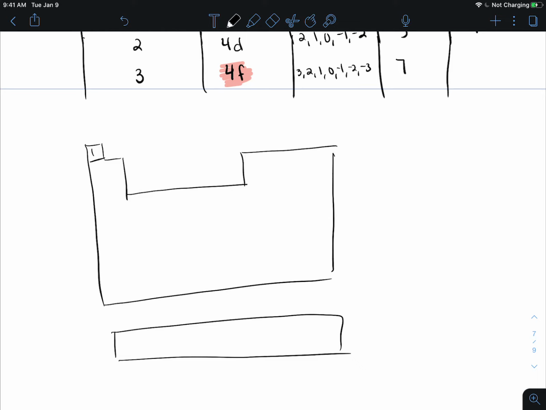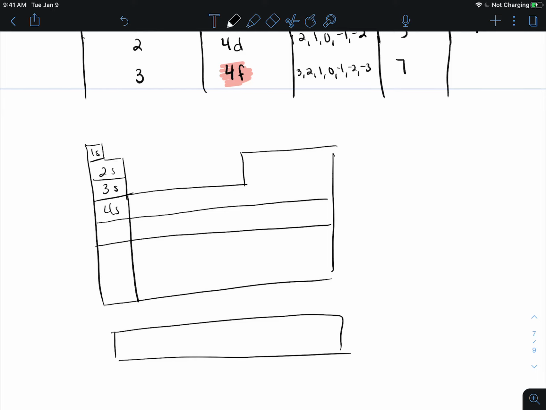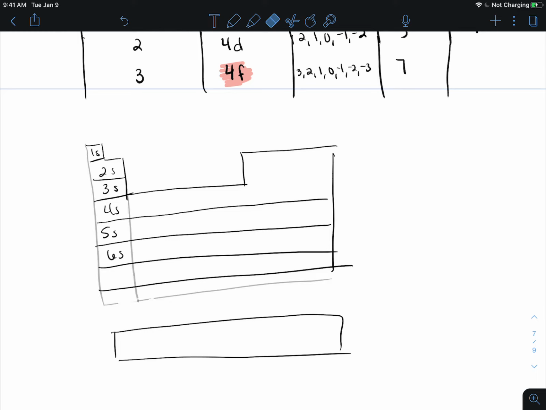So this would be 1s, 2s, 3s, so on and so forth, 4s, 5s, 6s, and then 7s.